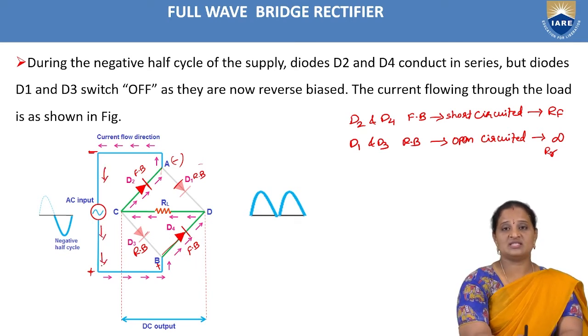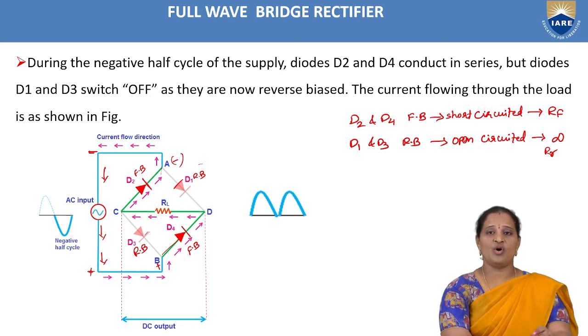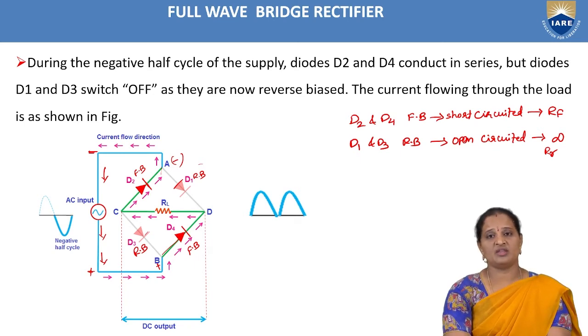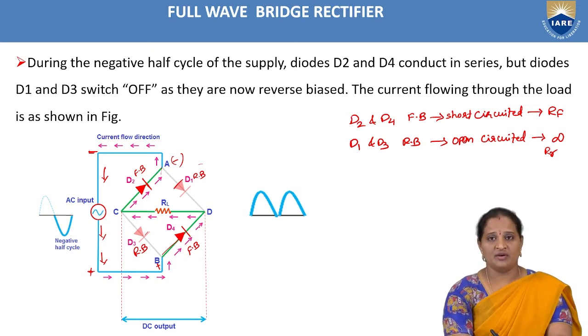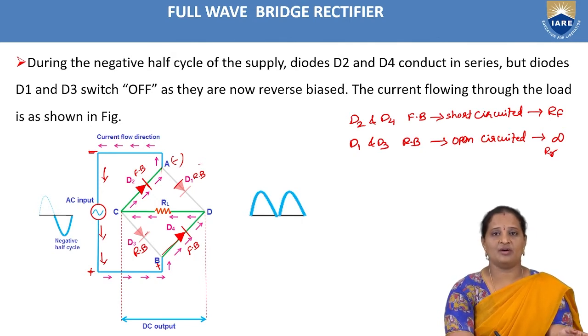So here this is the direction of current flow through the load resistor during the negative half cycle of input AC supply. If you observe the direction of current flowing through the load resistor, it is in the same direction as during the positive half cycle.